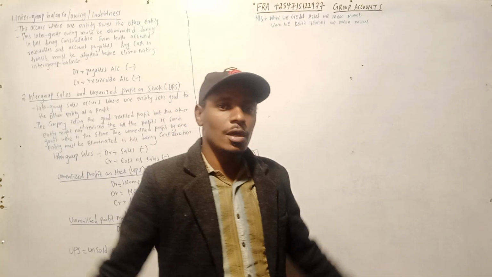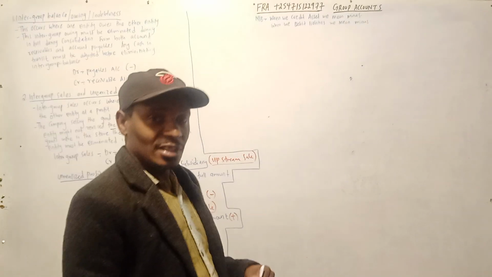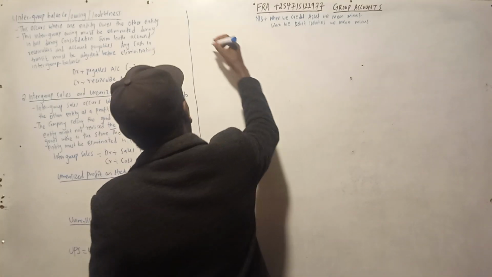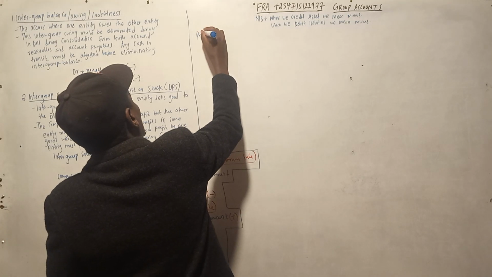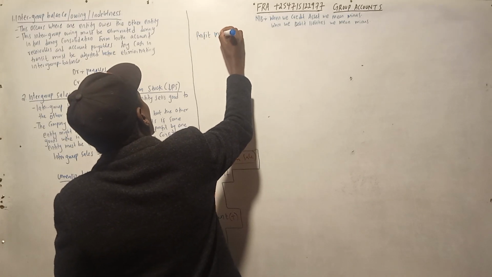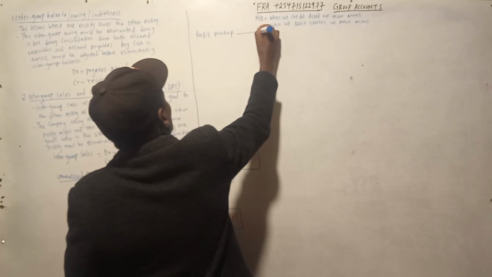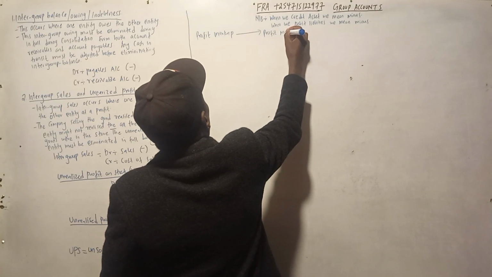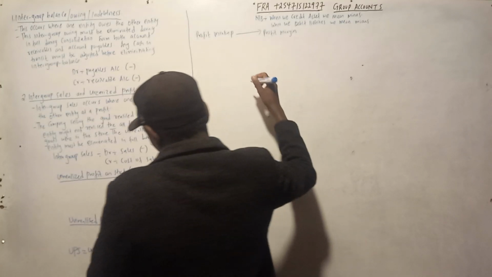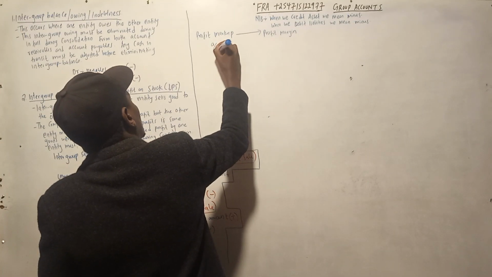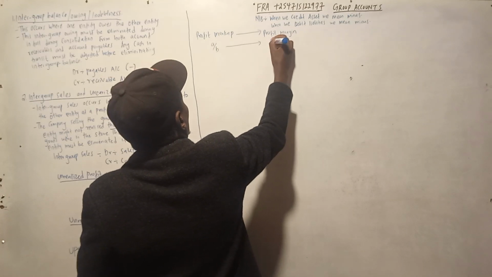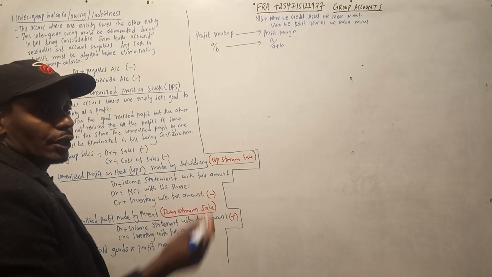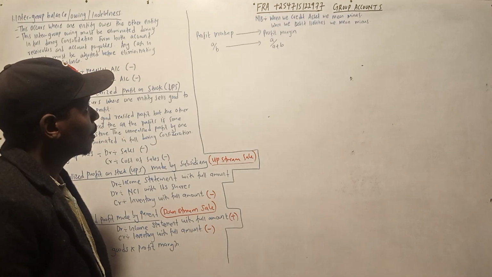If markup is A over B, then margin will be A over A plus B. You add the numerator to the denominator.